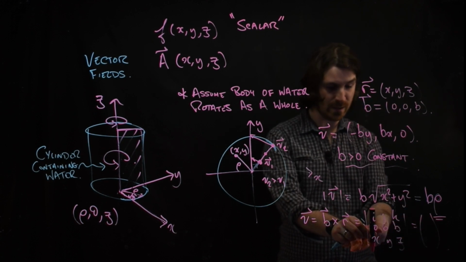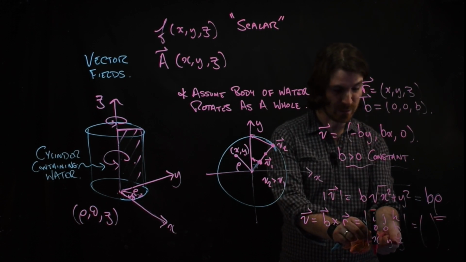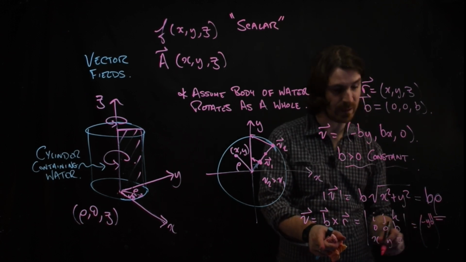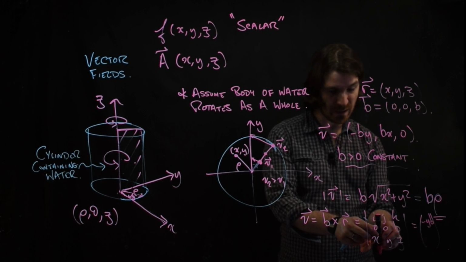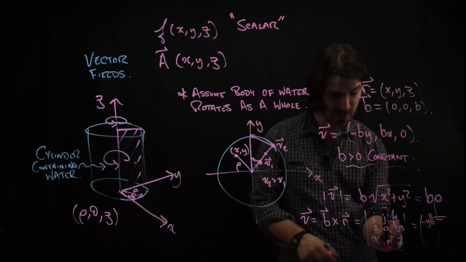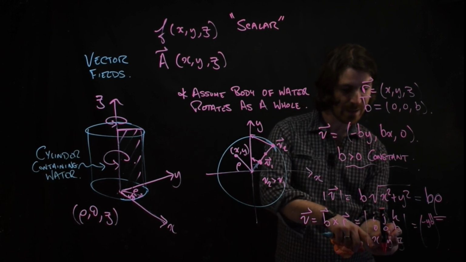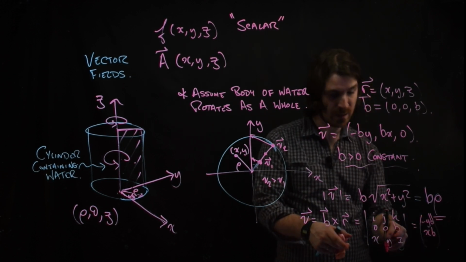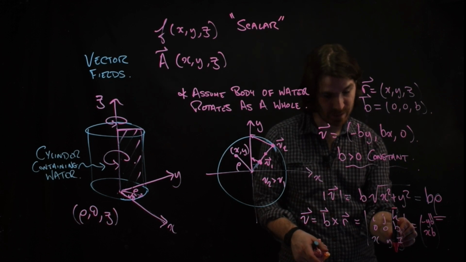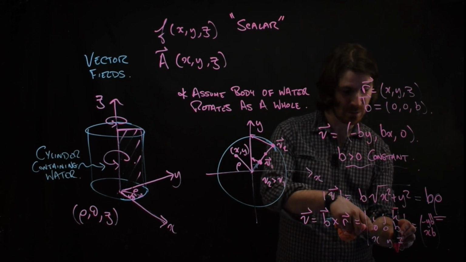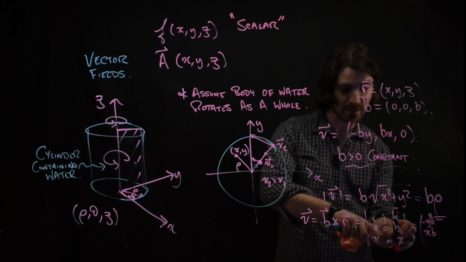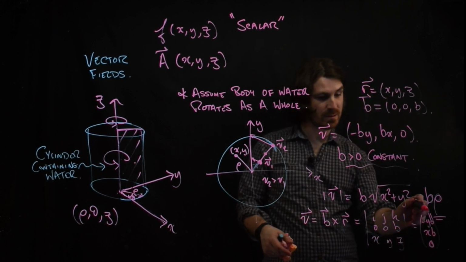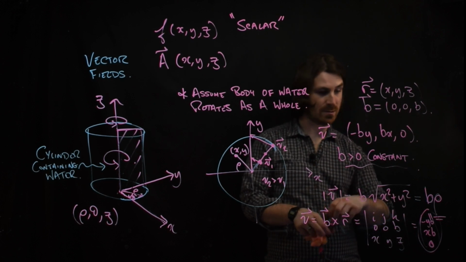We cover up i, we do 0 times z minus y times b, so we get minus yb in the x component. For the j component, we cover this up, and we do x times b minus 0 times z, so this is xb. And for the k component, we do 0 times y minus x times 0, which is 0. And you'll see that this matches this.